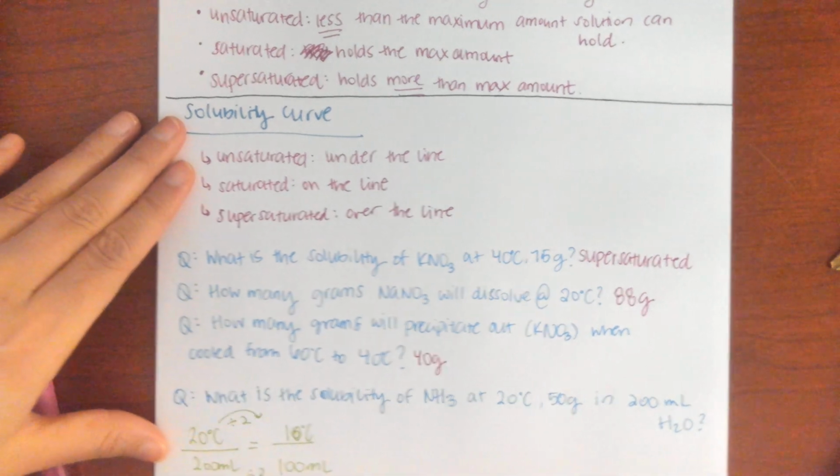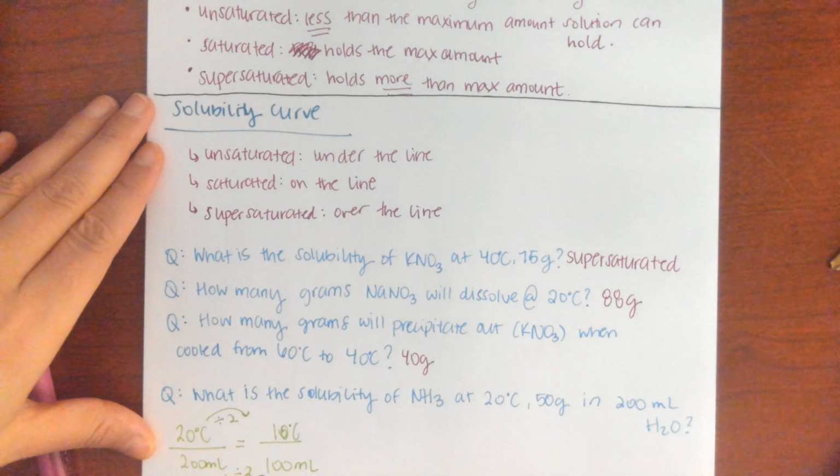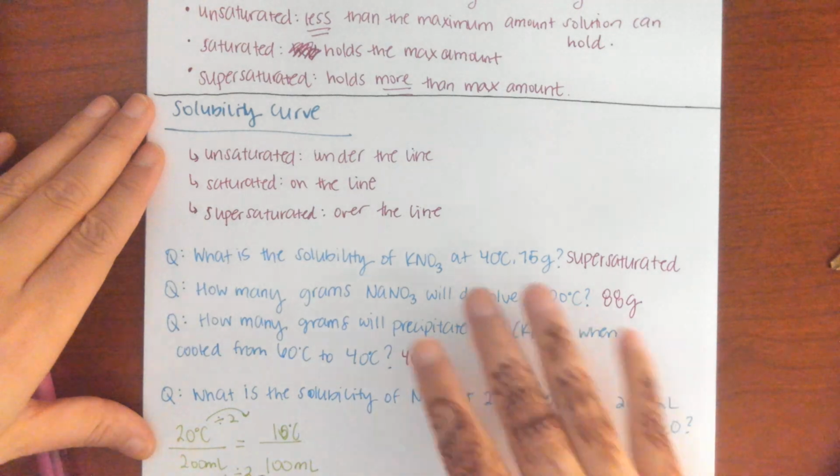Okay? Any questions on solubility curve? May I flip over? Alright, so we're going to do one more thing, the molarity dilutions. It should be fairly quick because we just did this yesterday. Unless you were absent, I would pay close attention so you're not behind.